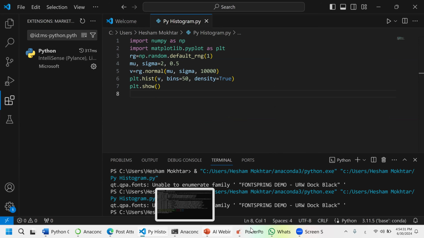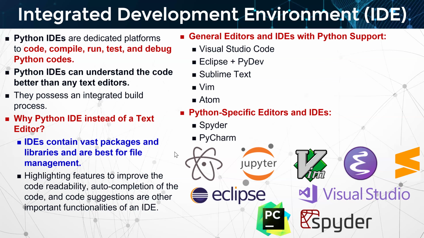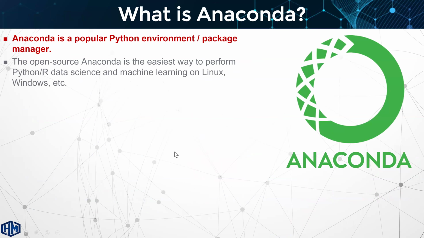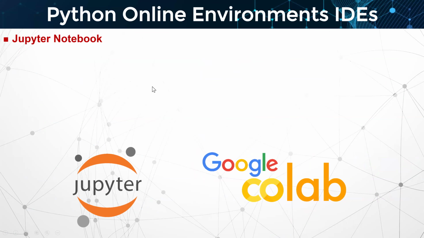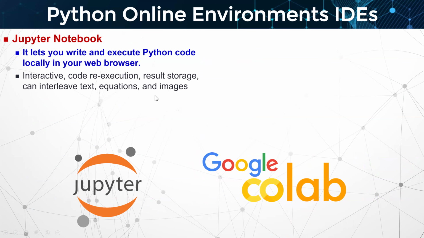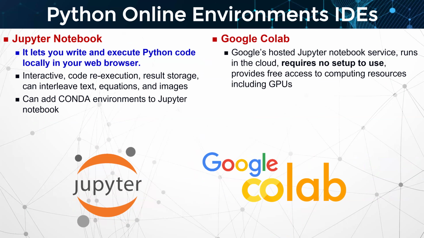Also, we have another category of online Python IDEs. The most common are Jupyter Notebook, where you can write and execute Python code locally in your web browser, and also Google Colab. Google Colab is cloud-based, so you don't need to set up Python to run Python applications.